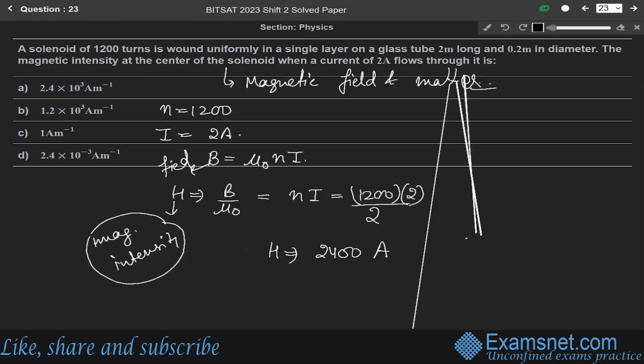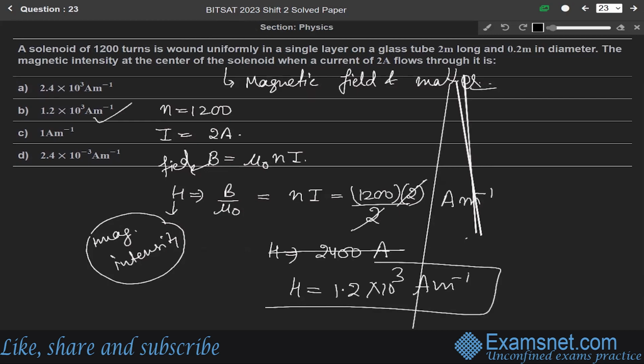After that only we'll get the dimensionally correct magnetic intensity, that is ampere meter inverse. So dividing it by 2, this 2 cancels, and we get the magnetic intensity H equal to 1.2 into 10 to the power 3 ampere meter inverse. Okay, so among these four, option B, that is 1.2 into 10 to the power 3 ampere meter inverse, is the correct answer.